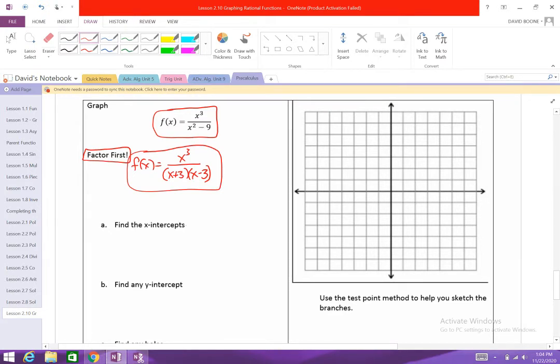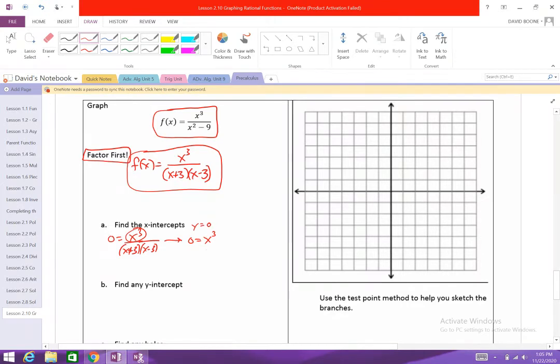So again, to find the x-intercepts, that's where y equals 0. So we're solving this for 0. Where does this function equal 0? So x to the third over x plus 3, x minus 3. Where it equals 0 is where the top has to be 0. So really what we're doing is just trying to solve where 0 equals x to the third, because for a fraction to be 0, the top has to be 0.